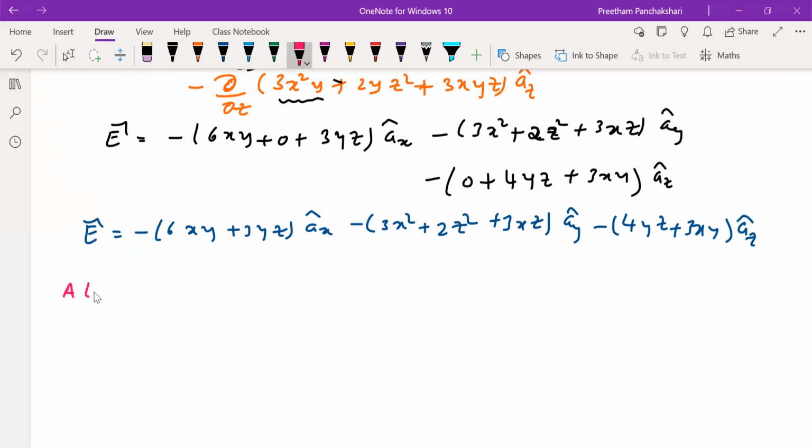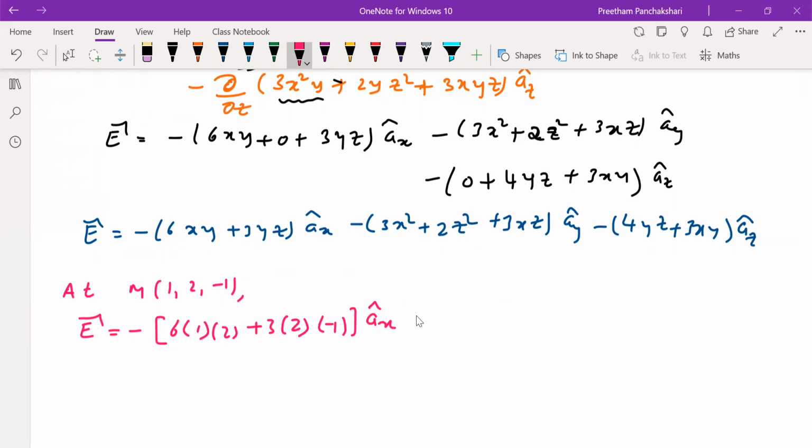So at the point M, 1, 2, minus 1, E would be given by, substituting x, y, z values here: 6 into x is 1, y is 2, plus 3 into y is 2, z is minus 1.